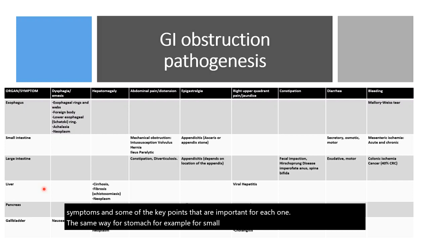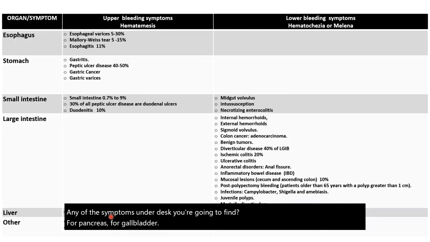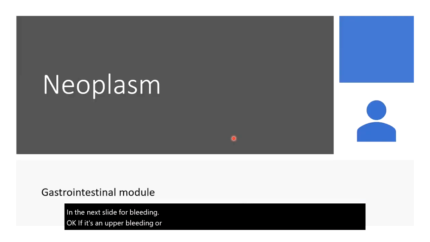Here I also did it for other problems. When we have any of the symptoms, you're going to find for pancreas, for gallbladder. In the next slide, for bleeding, if it's an upper bleeding or a lower bleeding.